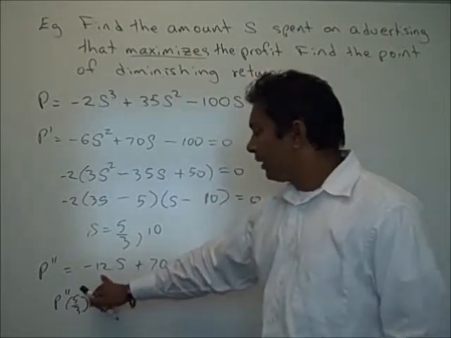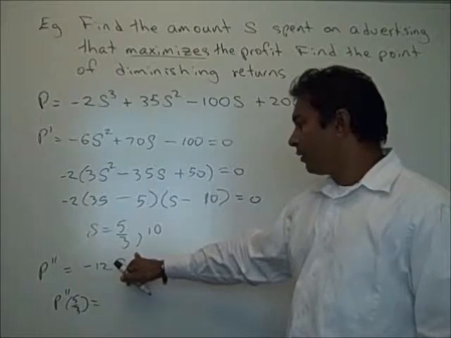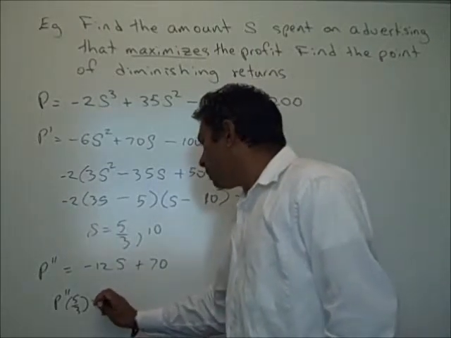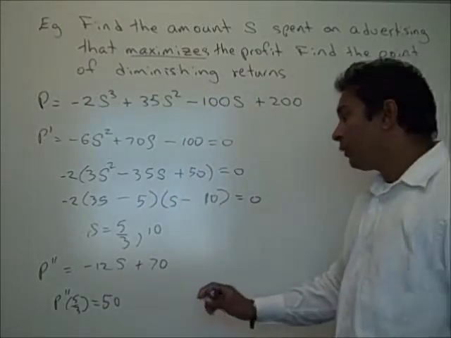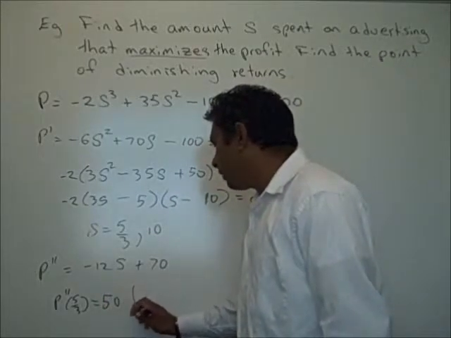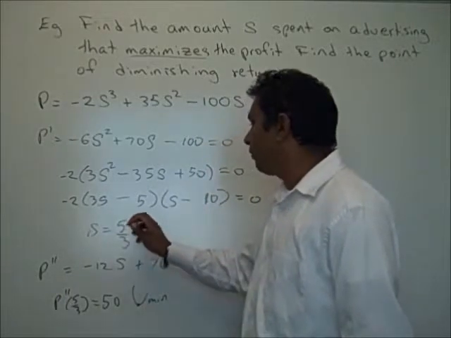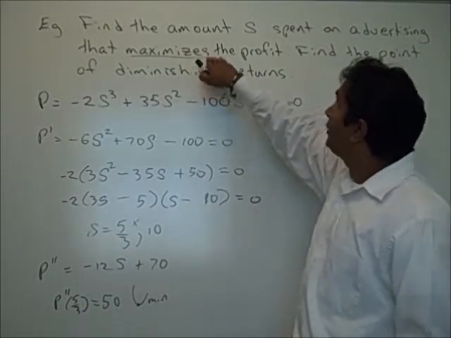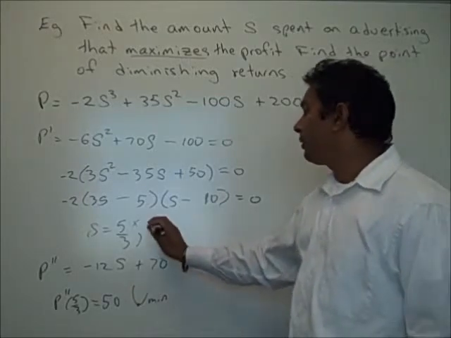This becomes negative 12 times 5/3, which gives us negative 20, plus 70, which gives us 50. Since this is a positive number, it's concave up, and it's a minimum. So we're not interested in the 5/3 here, because we're interested in the amount that produces the max. So let's try the 10.